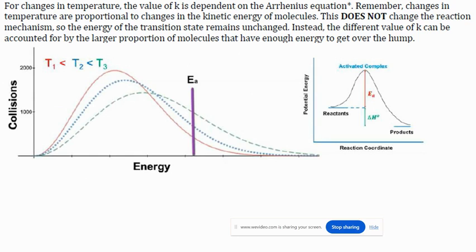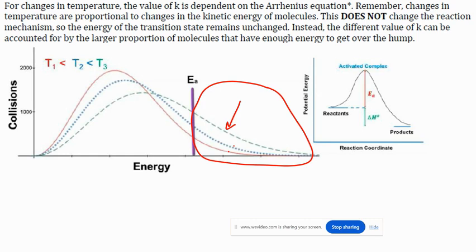Obviously this one is going to have a higher concentration of product because there's more of it on that side of the activation line. And then this would be your intermediate, and then this would have less of your material. So you're primarily focusing on this section of the graph here to determine which one's going to have more products, assuming they were all introduced with the same concentrations and that sort of thing.